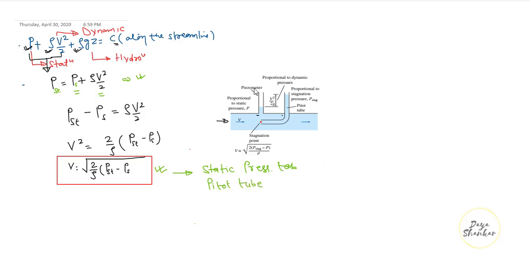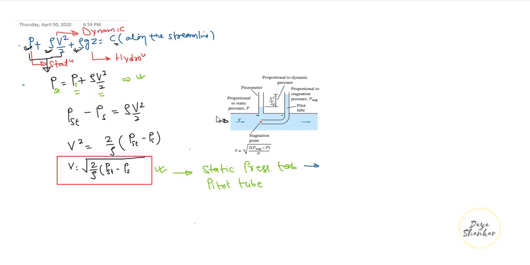Now what is a static pressure tab? A static pressure tab is simply a small hole drilled into a wall, that means through this tube wall, such that the plane of the hole is parallel to the flow direction.